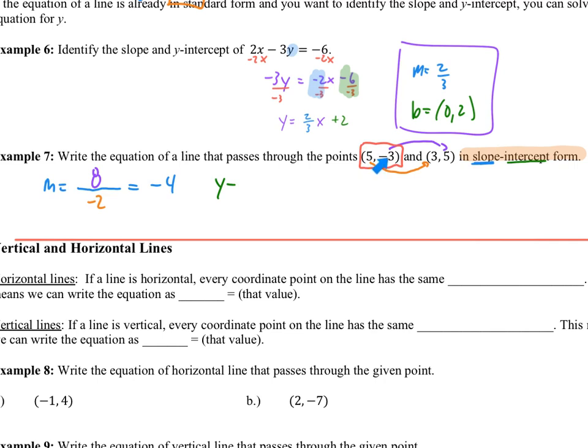So y minus -3 would be y plus 3. That equals the slope, which is -4, times the parentheses x minus my x value, which is 5. So again, I'm using -3 here, and the 5 goes here.